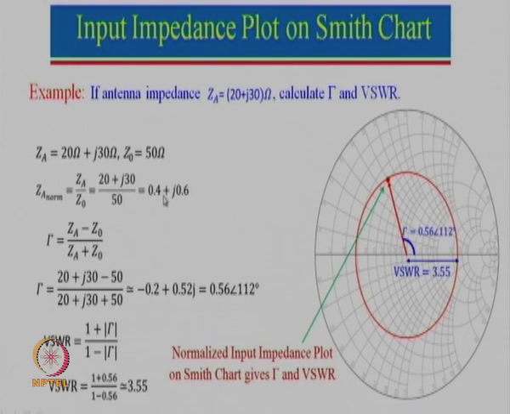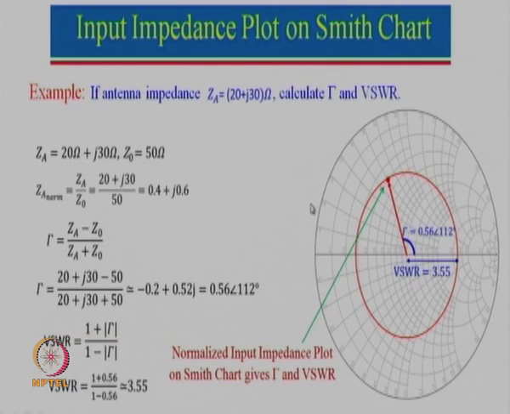What we need to do is locate this normalized value on the Smith chart. This is a real axis. On the real axis, the Smith chart shows 0, then 0.1, 0.2, 0.4. At the center it shows exactly 1, and then it shows 2, 5, 10, 20 and so on. So, on the real axis you locate the real value 0.4, which is this particular point over here.